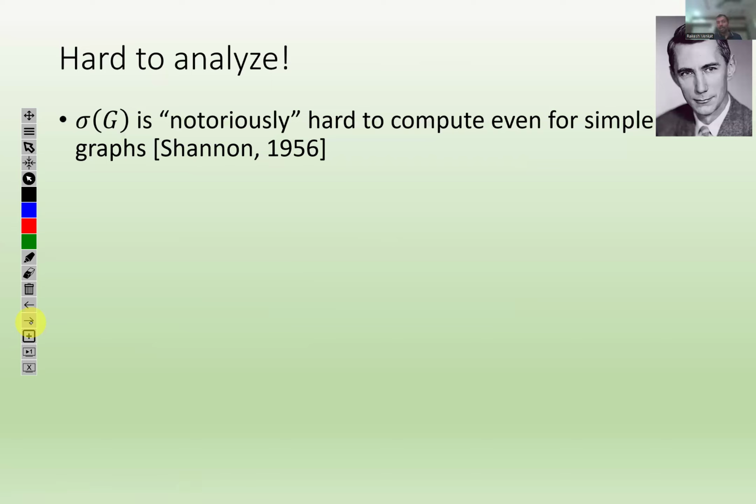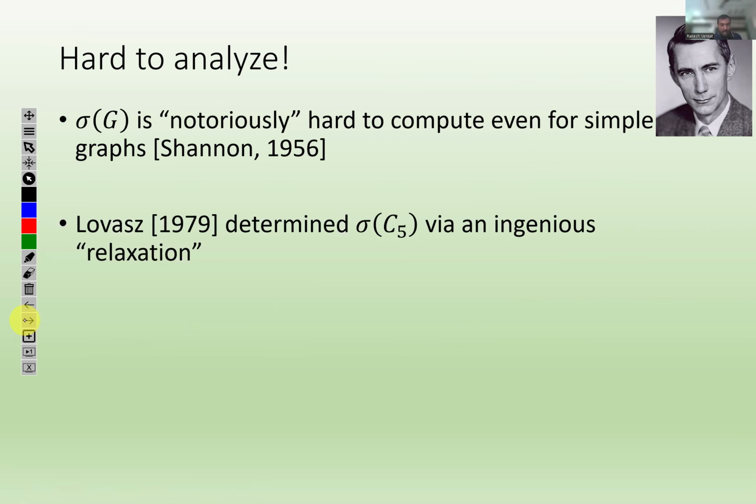In fact, the C5 example that I've taken is for a reason: for C5, what sigma of G is was quite hard to know. And it was only in 1979 that Laszlo Lovasz determined sigma of C5. He did this via a very ingenious relaxation, so to say.